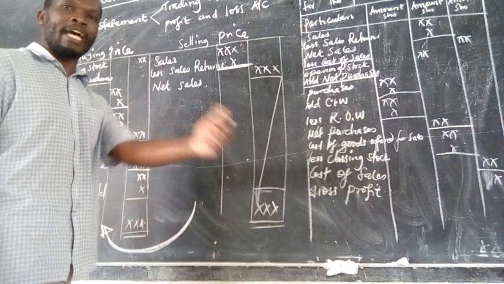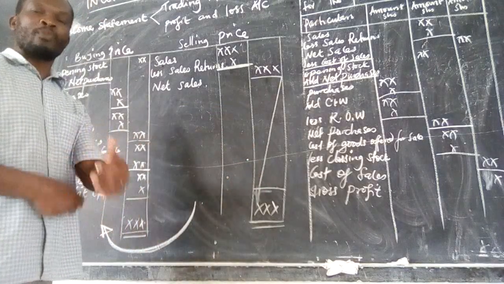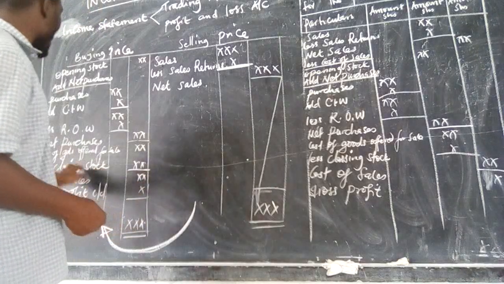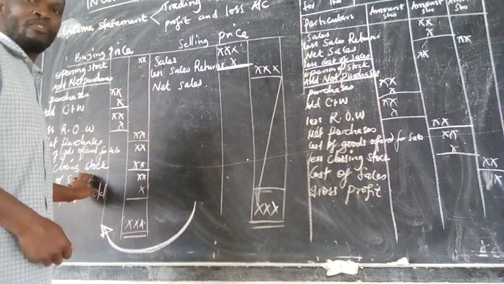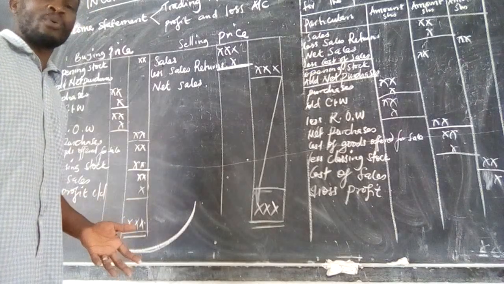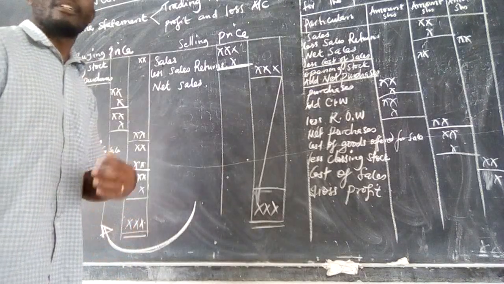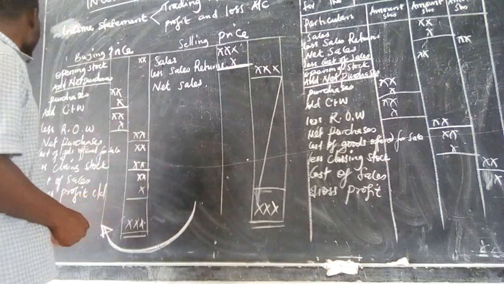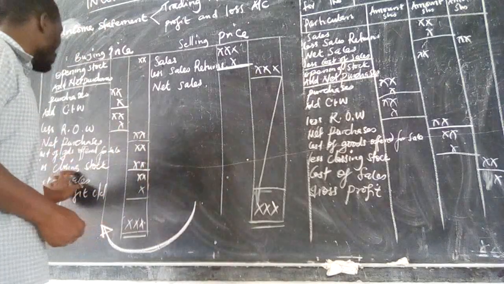Now, after some time, the trading process continues, then at the end, you may remain with some closing stock. So if you had 22 furniture, and they sold 16, we expect 22 minus 16 as the remainder. That remainder is what we call closing stock.